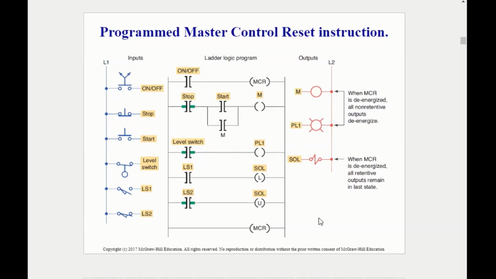Notice also that the MCR needs a pair. You typically have to block the program with a pair of MCRs: an MCR at the beginning and an MCR at the end. That's how the MCR syntax goes.